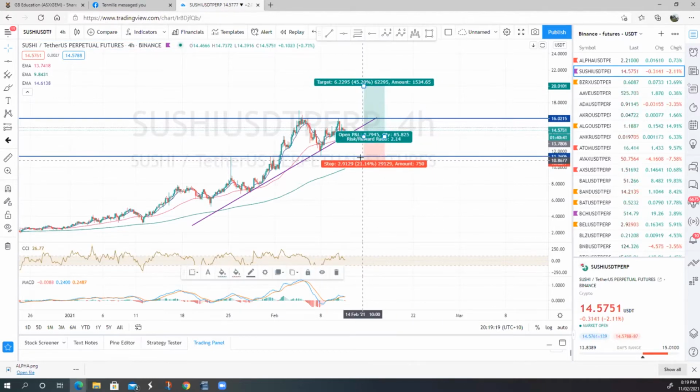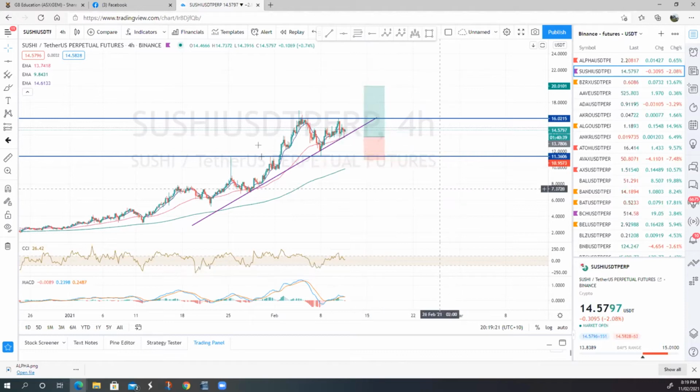I would have my stop just below the last wick here and then below support, just so I don't get wicked out. It is a big stop loss on this one. I probably wouldn't need it that big. Like if it goes down that far, it's way invalid.